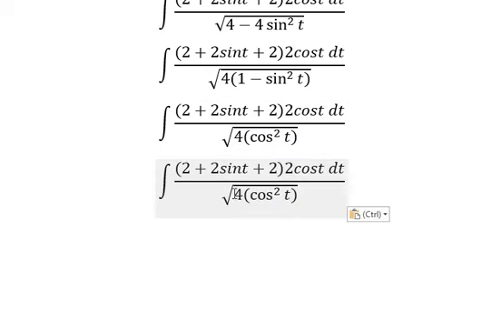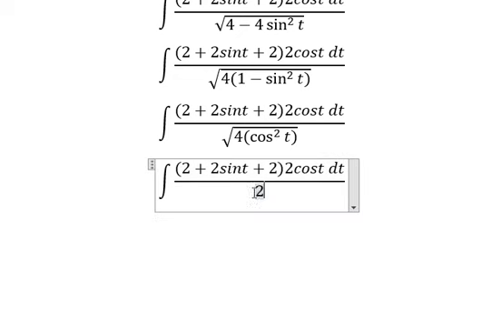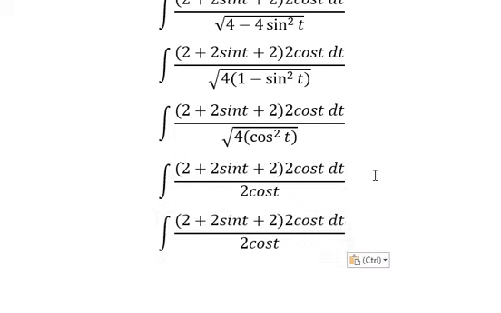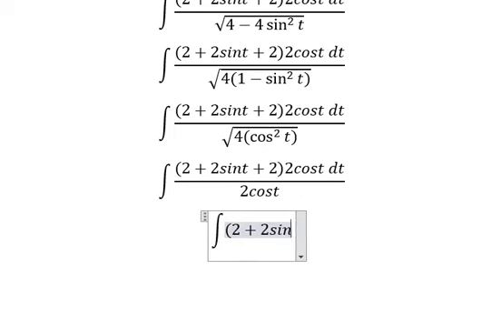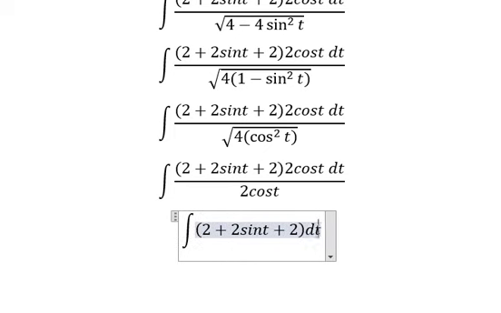The square root of 4 cosine t squared we change for 2 cosine t. 2 sine t. This one divided by this one. Number 2 plus number 2, we have 4. And now we have the final answer.